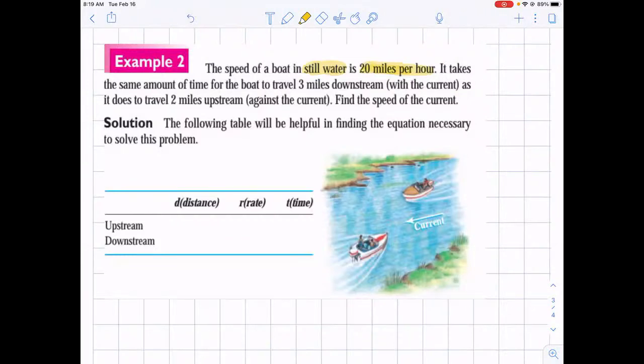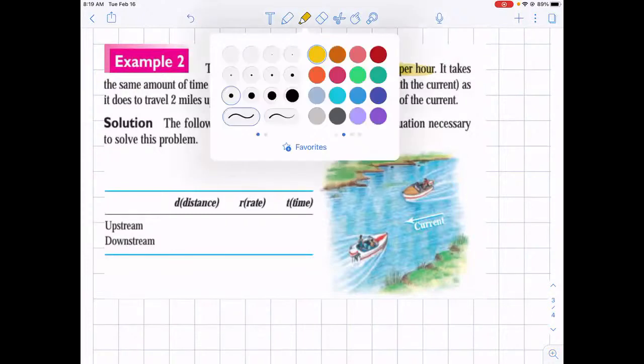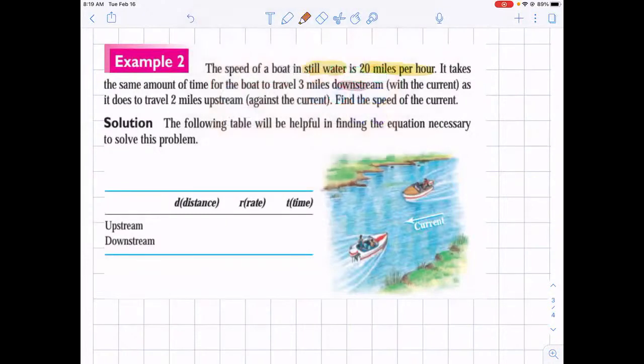It takes the same amount of time for the boat to travel 3 miles downstream. So you're probably wondering, what is downstream? Downstream means the water is traveling in the same direction.